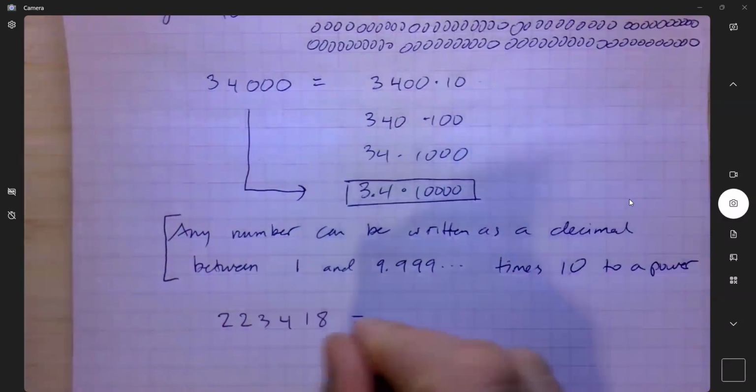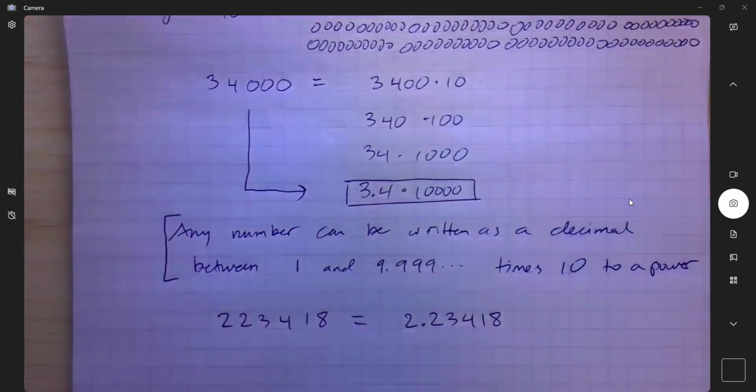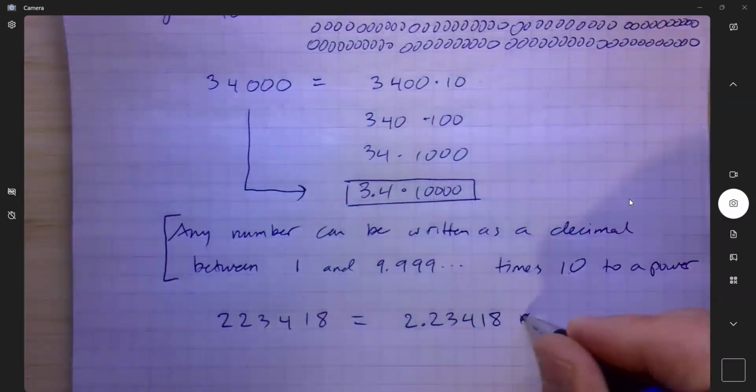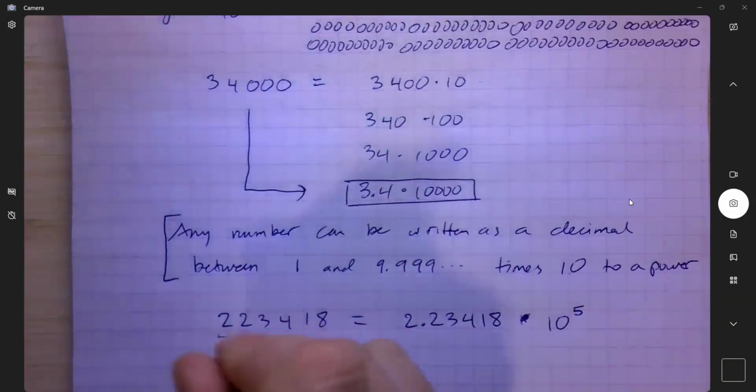223,418. I can write that as a decimal times 10 to a power. This one I have to multiply it by, let's see, 100,000. Oh, but I'm getting lazy, so I'm going to write that as 10 to a power. This is called, I think, expanded notation.